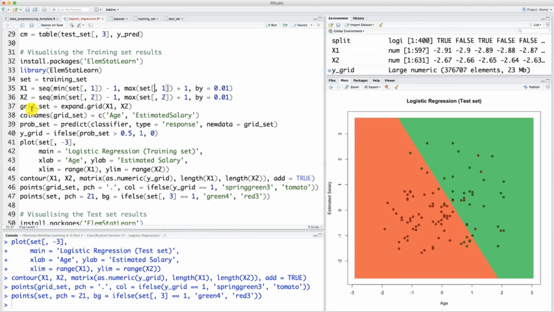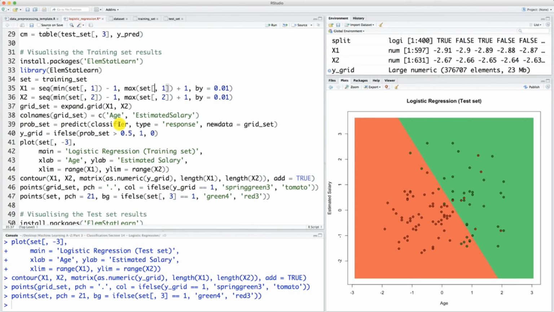Then since this grid set is actually a matrix of the 2 columns age and salary, for all the imaginary users that are the pixel observation points, with this line we just give a name to the columns of this matrix, which are age and estimated salary. And then that's where all the magic happens.